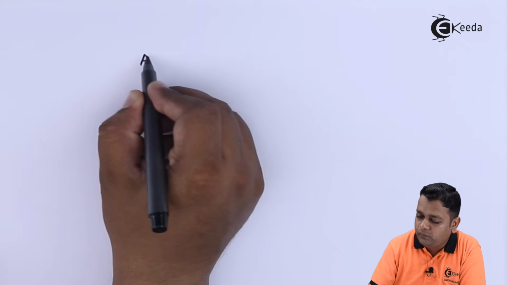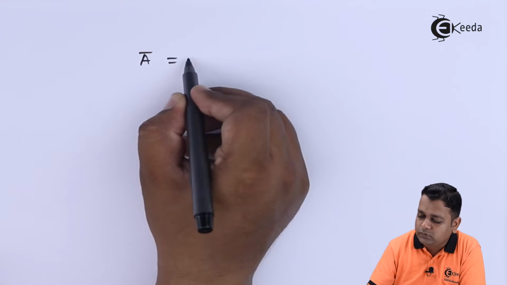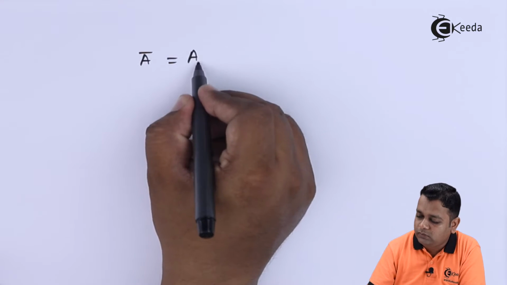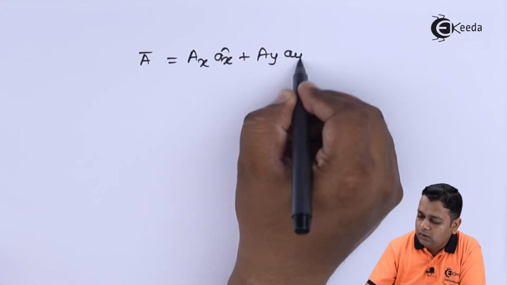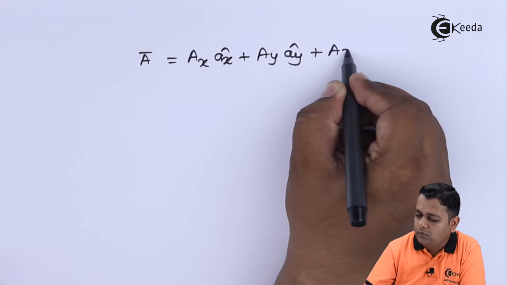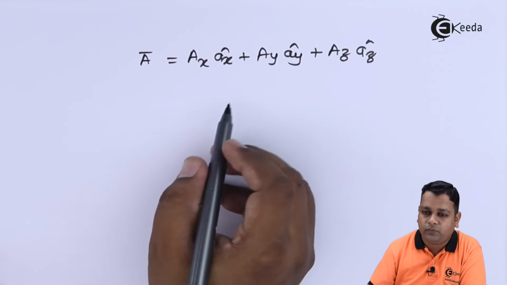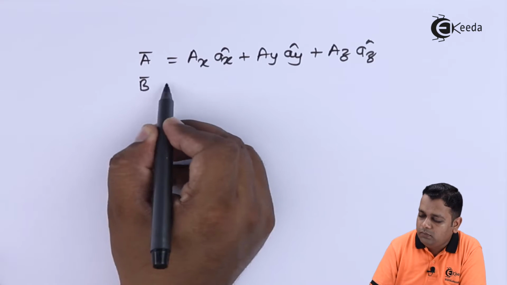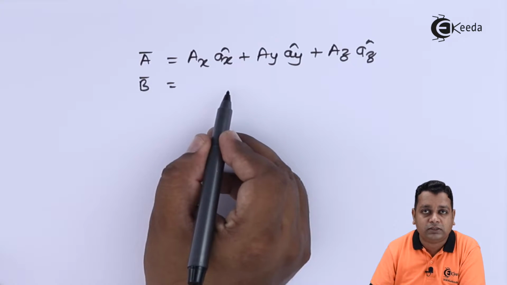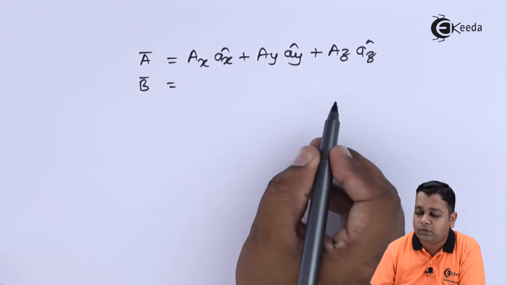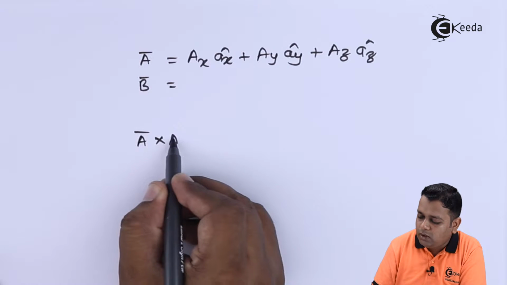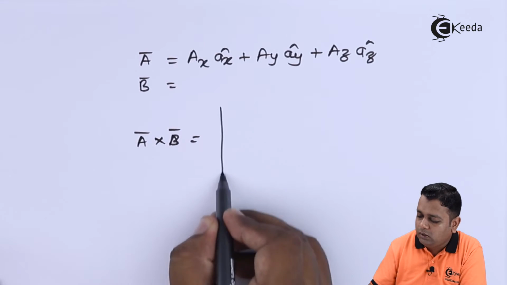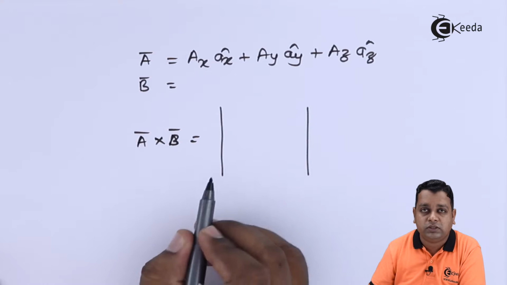For the cross product, if we have two vectors, A bar expressed in the rectangular coordinate system as AX ax cap plus AY ay cap plus AZ az cap, and similarly B bar expressed as BX ax cap plus BY ay cap plus BZ az cap, the cross product A bar cross B bar we can formulate with the help of a determinant.